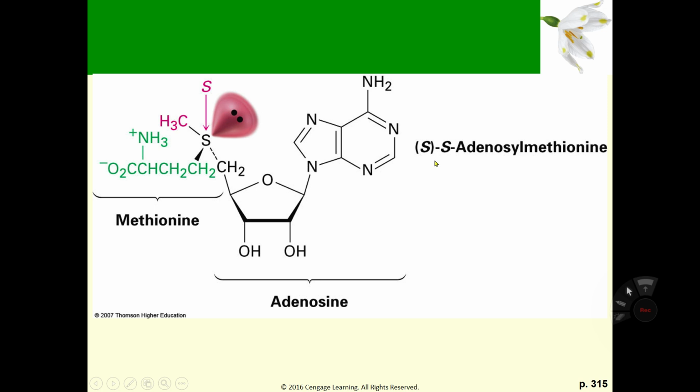So we can clearly say that, okay, this is an S isomer, S configuration with S-adenosyl methionine. There are two isomers, R and S, okay? But I think the S isomer is much more stable because of the steric hindrance.